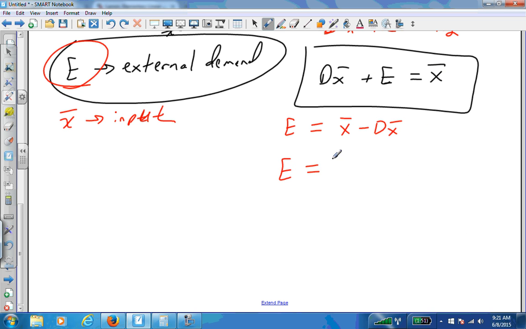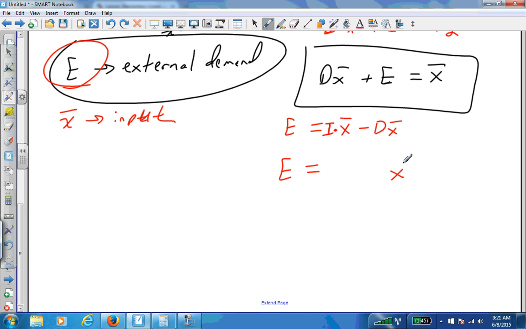So E, notice both of these terms have an x in them. Now, if we want to factor this out, we need to consider our understood coefficient there, we could call the identity matrix. The identity matrix times any matrix is that matrix. So if both of these have an x, notice the x is on the right side.